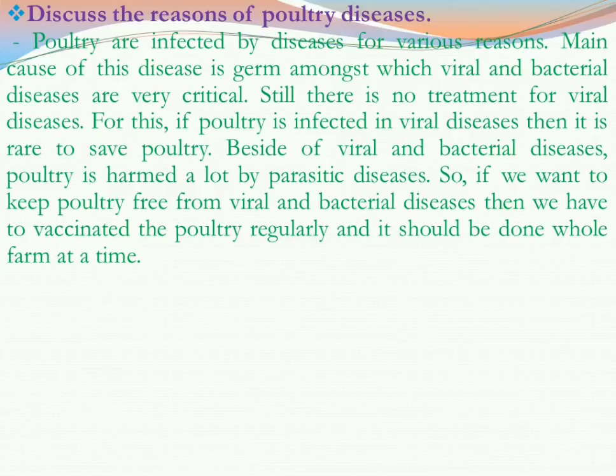See, still now there is no treatment for viral diseases. For this, if poultry is infected with a viral disease, then it is rare to save the poultry. So in that case, we have to identify the infected chicken and bury it deep in the ground.